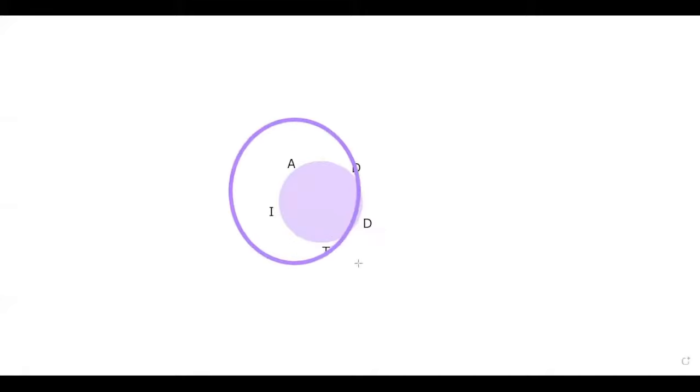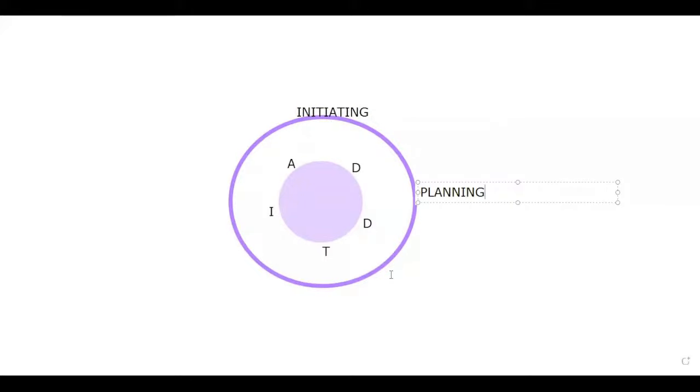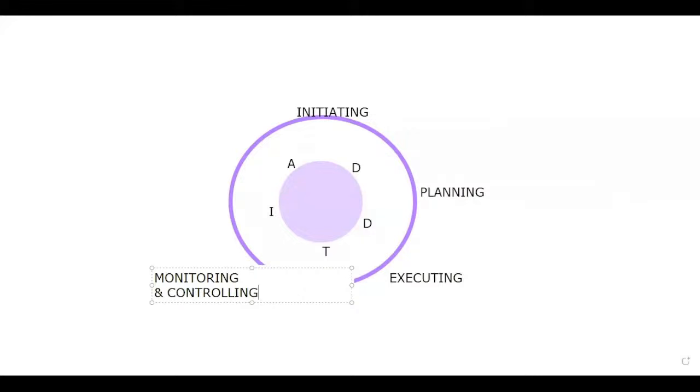So I want you to think about an exterior shell of events where we have initiating, we have planning, we have executing, we have monitoring and controlling, and of course, we have closing.